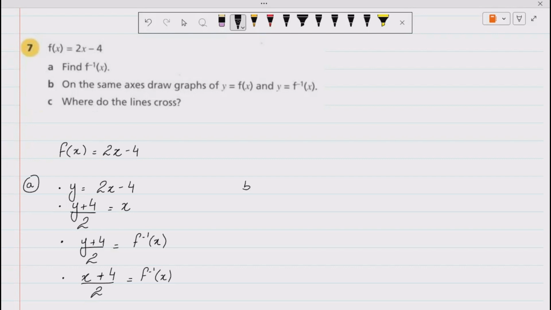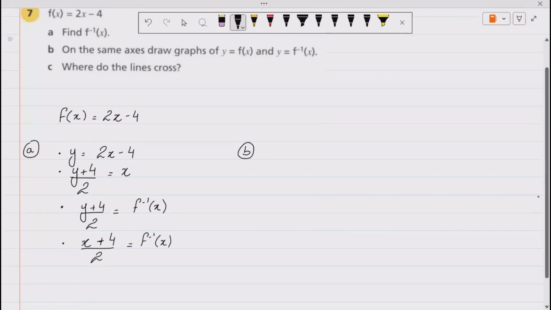Now part B is something we have to look at, which is: on the same axes, draw the graph of y equals f of x. So we have to draw graphs.